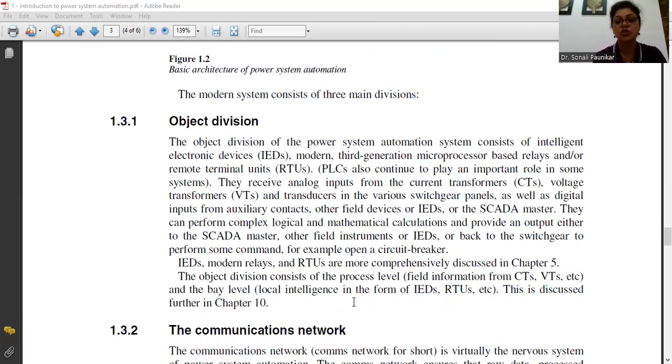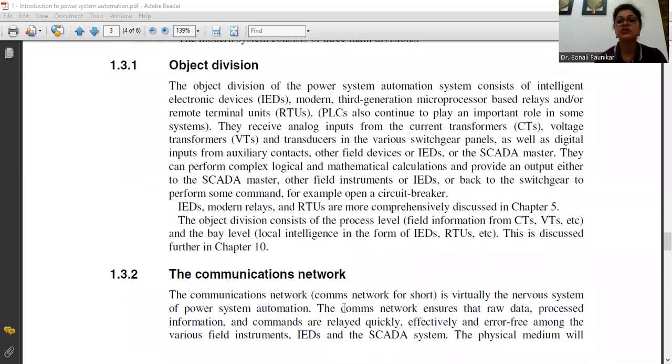This receives the analog input from the current transformer, voltage transformer, and transducers in the various switchgear panels, as well as the digital inputs from the auxiliary contacts, and that will give the output either to the SCADA master or the other field instruments. So the object division consists of the process level and the bay level also.